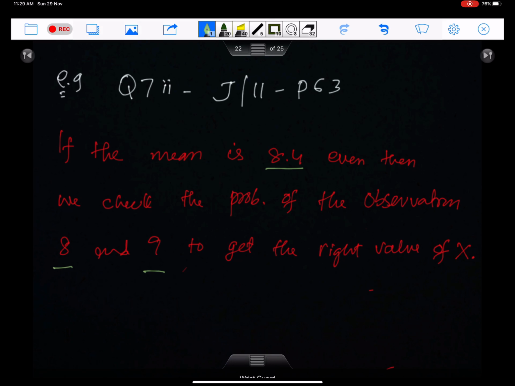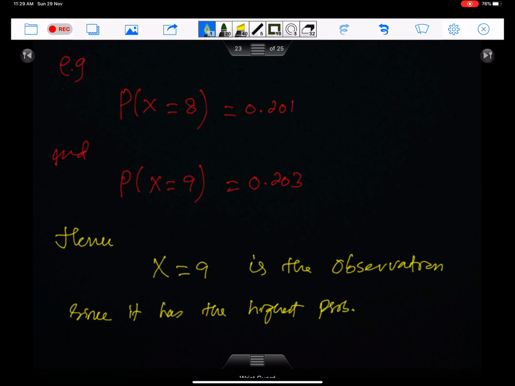The observation is 8, this is not right. You just need to calculate the probabilities of both the numbers 8 and 9, and then you will get the highest probability observation. So if the probability of 8 is 0.201 and the probability of 9 is 0.203, obviously the highest probability is of observation 9. Therefore x equal to 9 is the observation which has the highest probability.